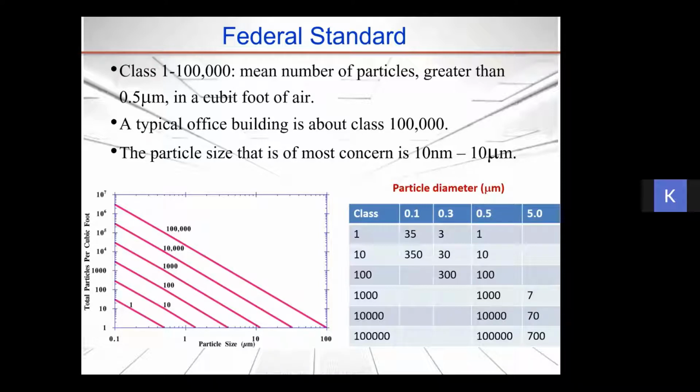Let's say I say it is a class 10 clean room. What does it mean? It means that 1 cubic foot of volume of the room will have only 10 particles whose size is above or equal to 0.5 micron. So that's it for the federal part.